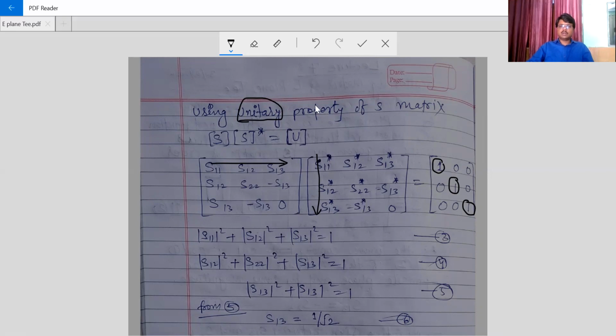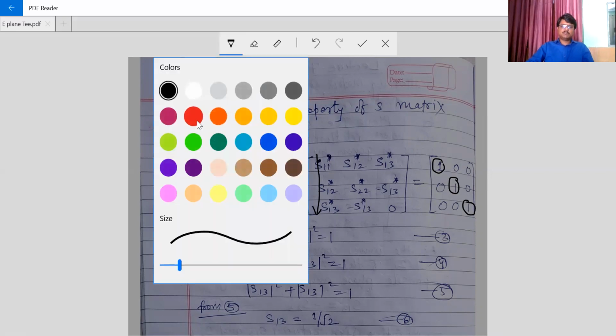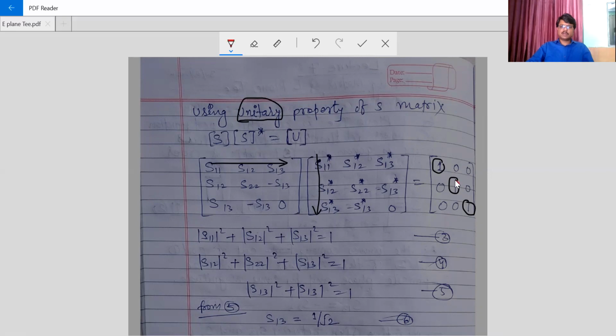is equal to 1. Again, if we go for the second one, it is in the second row and the second column. So we will take the second row and multiply with the second column. So it will give this 1. What will be the value?